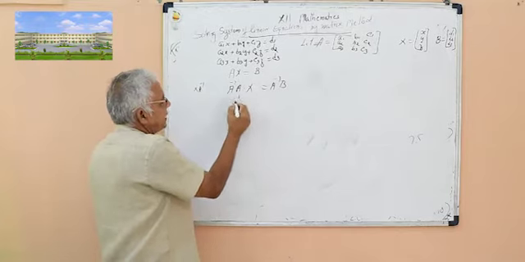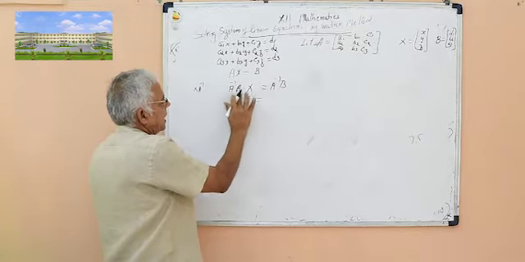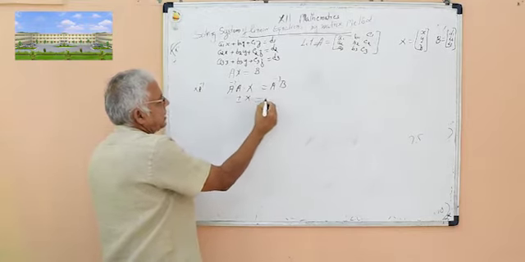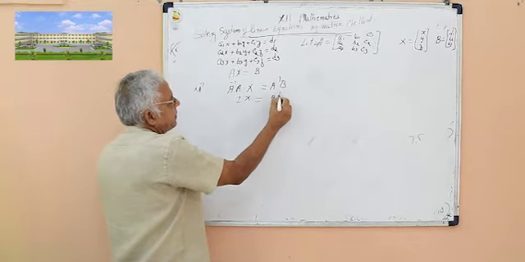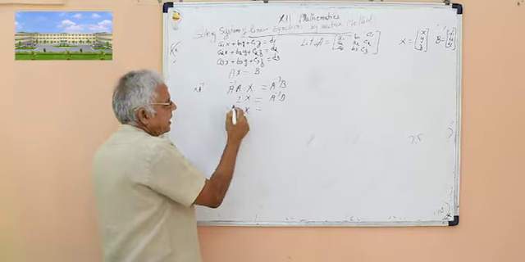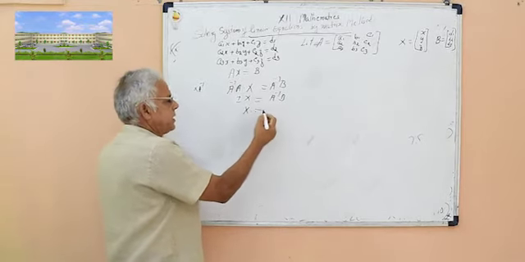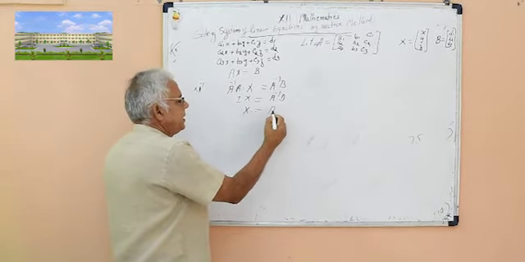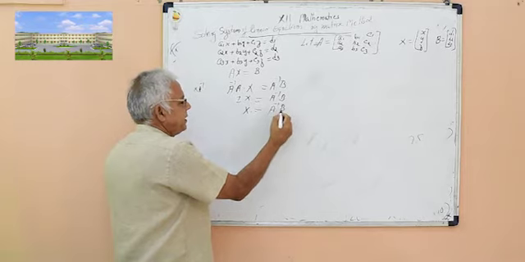A inverse into A is equal to I, so Ix is equal to A inverse b. I into x is equal to x, the identity matrix into x. So x is equal to A inverse b.